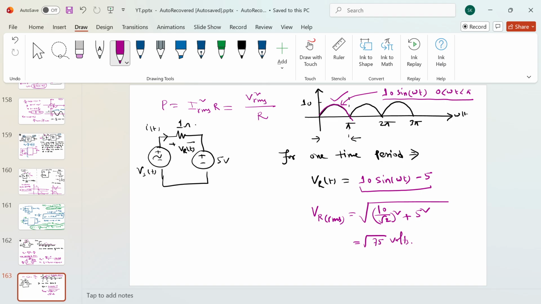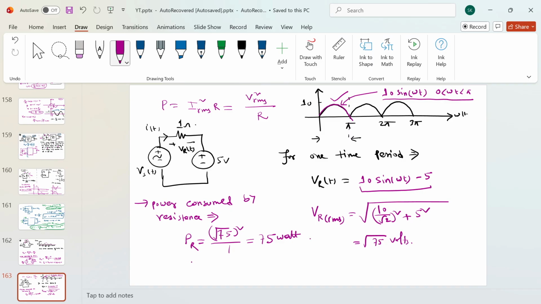So the power consumed by the resistance, PR, is Vrms square by 1, which is 75 under root whole square by 1, equal to 75 watt.